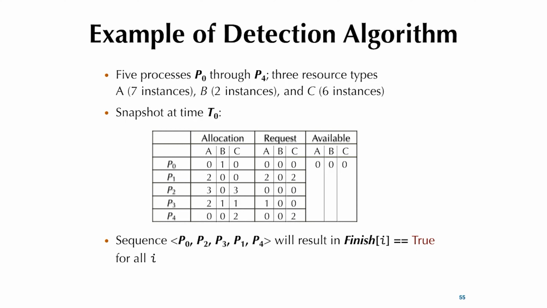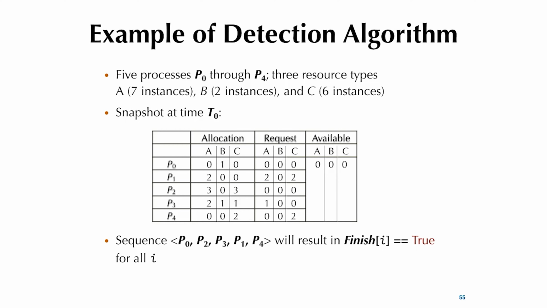P0 is not making more requests, and P1 is making 202, for 2 instances of A, no B, and 2 instances of C. P2 is not making requests, P3 is making a 1 instance request for A, and P4 is making a 2 instance request for C, right?